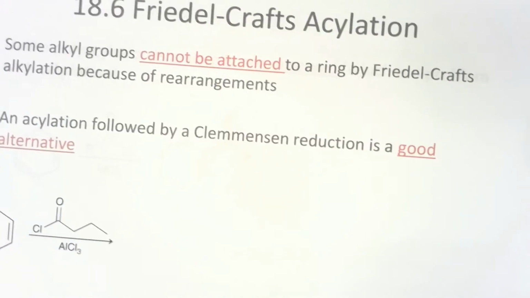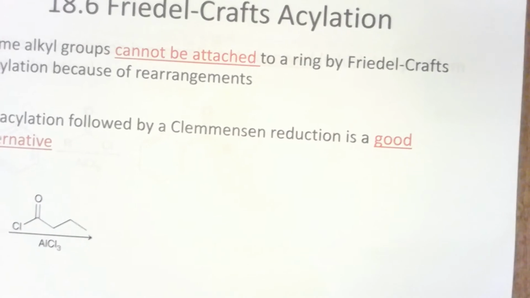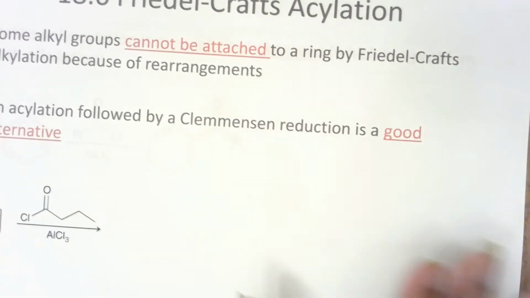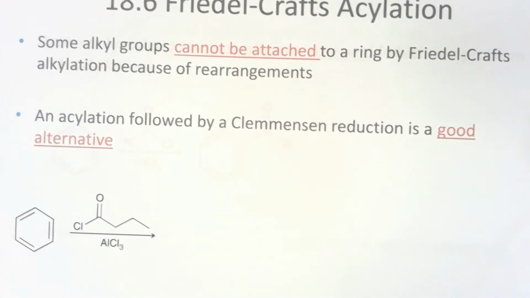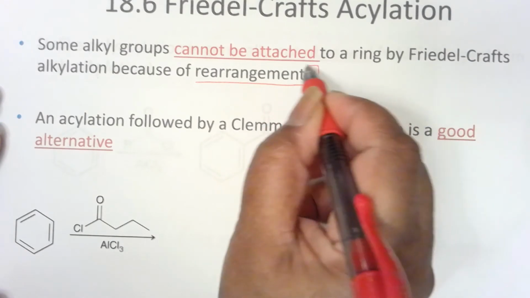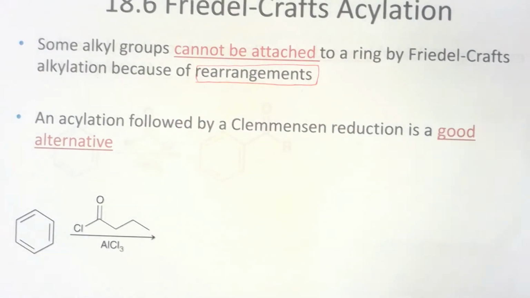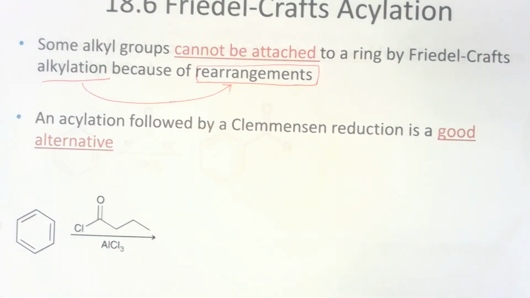Now what about the acylation reaction? There are some alkyl groups that cannot be attached to a ring by Friedel-Crafts alkylation reactions. Remember, we saw this being a problem. So if it's alkylation, you can have rearrangements.